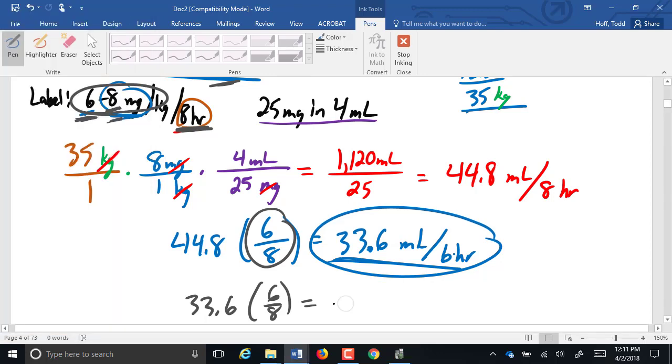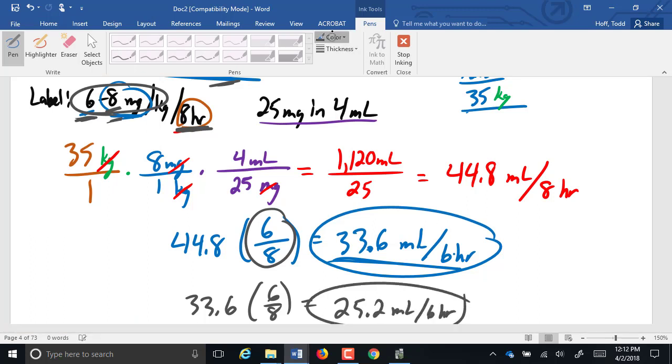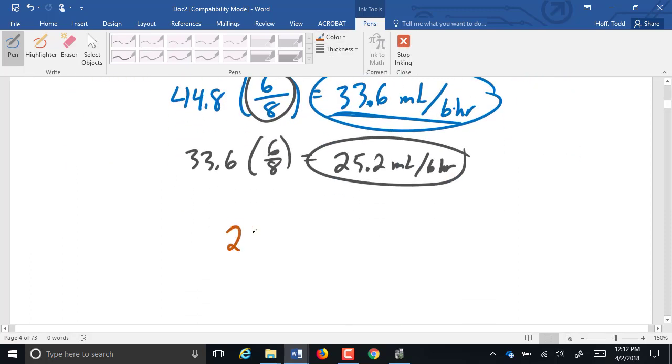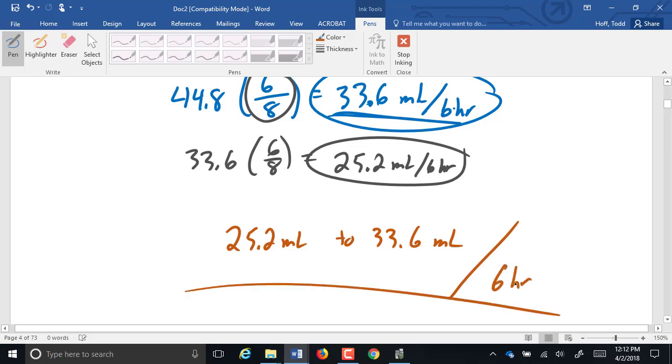So that gives us 25.2 milliliters every 6 hours. So the safe dose on a 6 hour span is 25.2 to 33.6 every 6 hours. So the doctor's order has exceeded that safe dose.